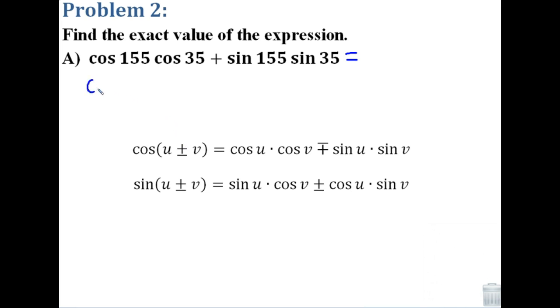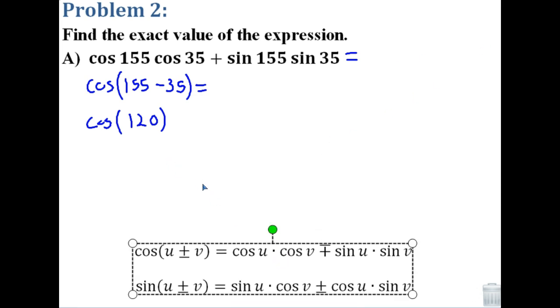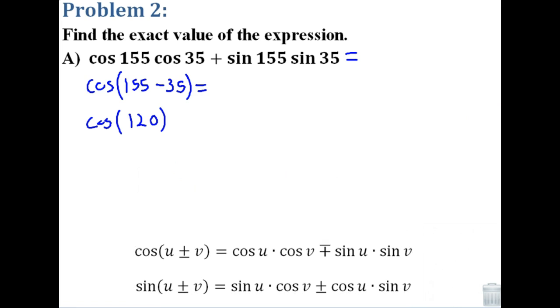So we'll rewrite this as the cosine of 155 minus 35, which is equal to the cosine of 120 degrees. All right, that is a multiple of 30, 60, or 45. So the work with the identities is done, and this is something I can actually evaluate by hand, something we've been doing since our first trig chapter.